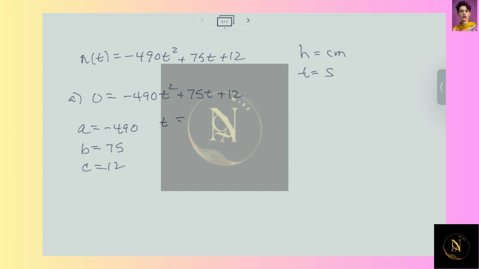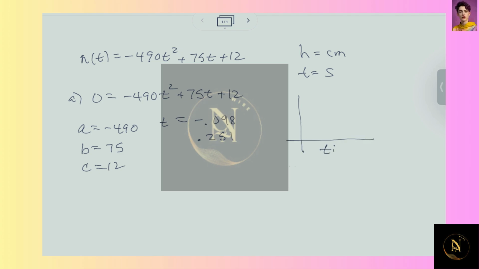We're going to get approximately negative 0.098 and 0.251. Okay, so this is a really quick jump if you think about it.